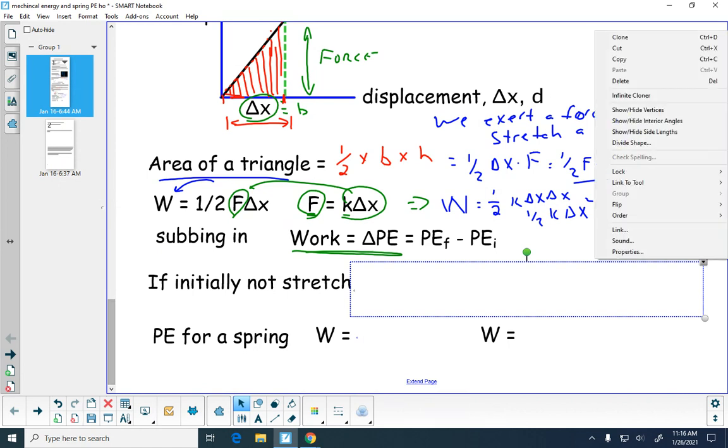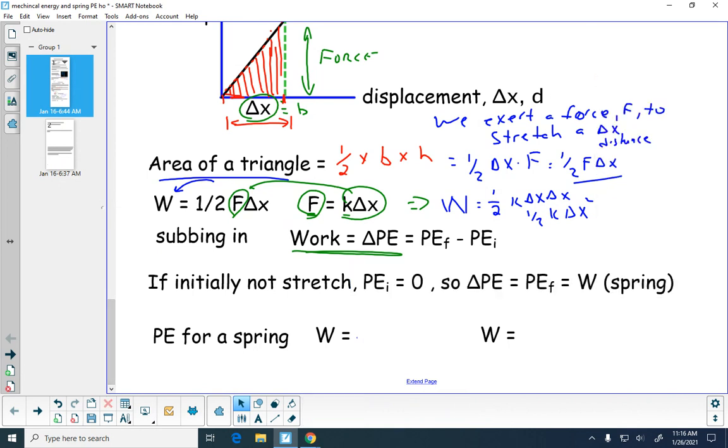So my delta PE, my change in potential energy, is just your final potential energy, which is the work that's being done on the spring.